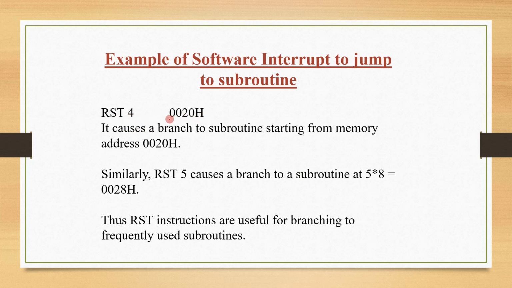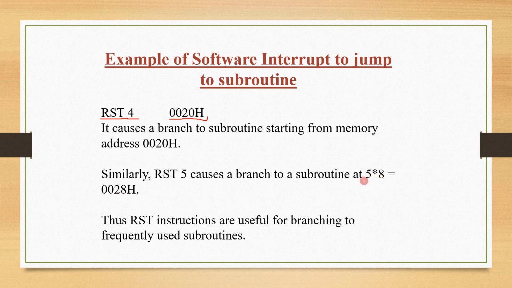RST4, 0020H is the address where the microprocessor jumps when this interrupt occurs in the main program. It causes a branch to the subroutine starting from memory address 0020H. Similarly, RST5 causes a branch to a subroutine at 5 into 8, which is equal to 0028H.